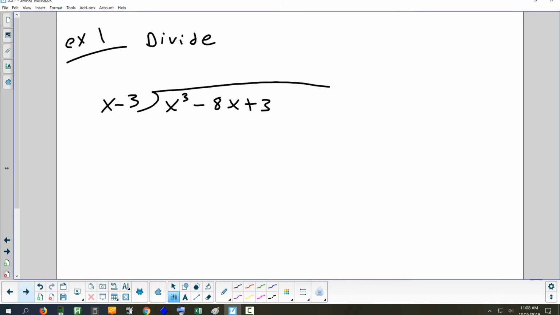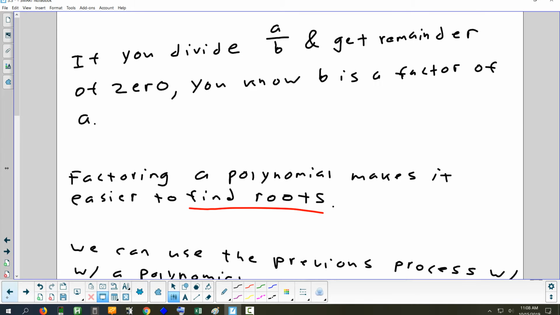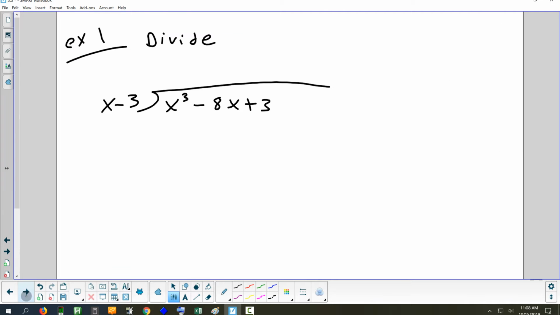In my problem, is my dividend missing any powers? Which power? The second power. I'm missing the x squared. So before I even start this problem, if I don't do this, it's wrong. Fill in 0x squared.